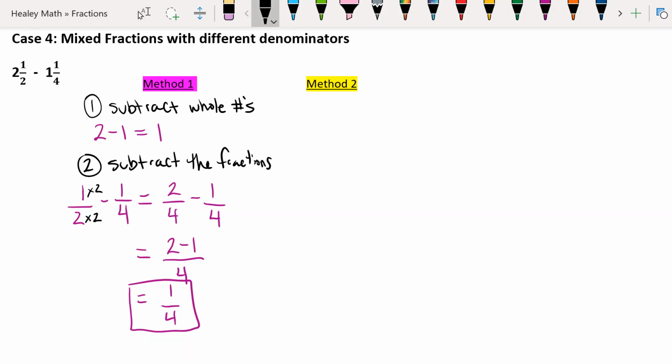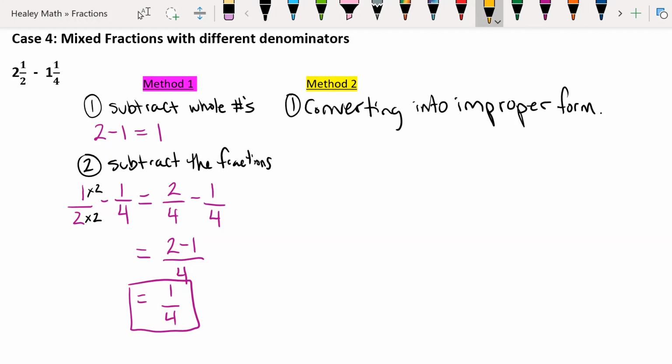In method 2, we're going to begin by converting the fractions into improper form. And we have 2 1/2. When we convert this, you multiply 2 times 2 plus 1.